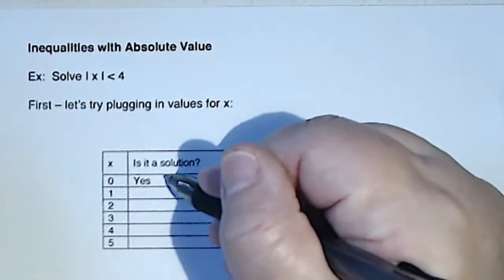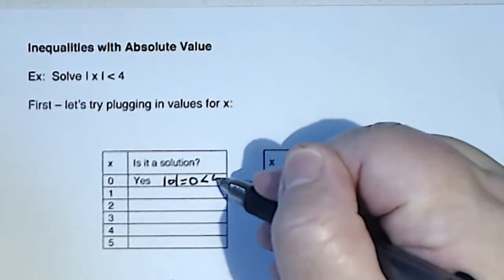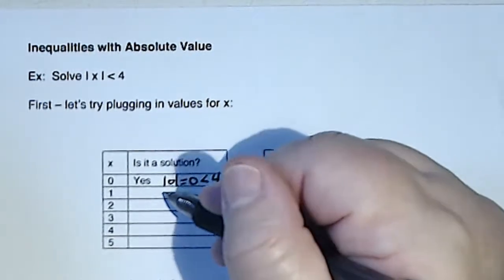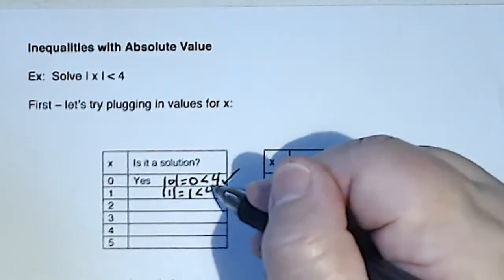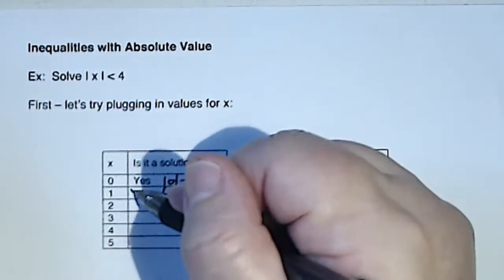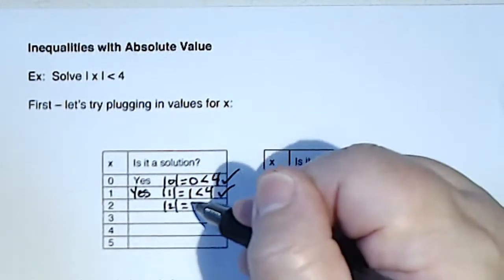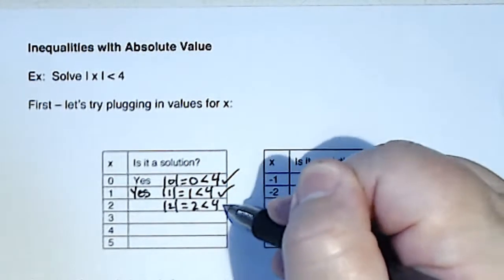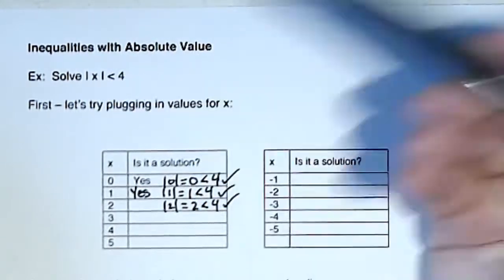Here, the absolute value of 0 is 0, which is less than 4. Yep. The absolute value of 1 is 1. Is that less than 4? Yep. So this is a yes. The absolute value of 2 is 2, which is less than 4. Yes, remember we're looking for things which when we take the absolute value, stay less than 4.